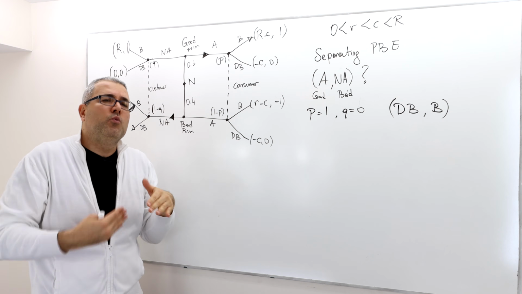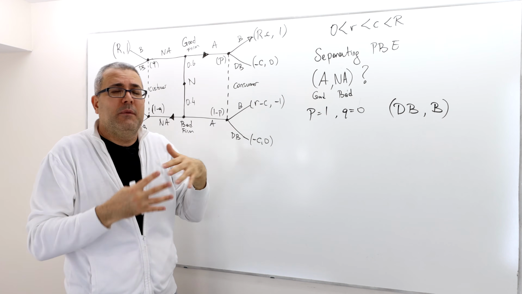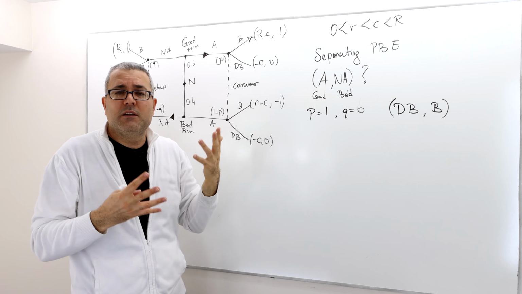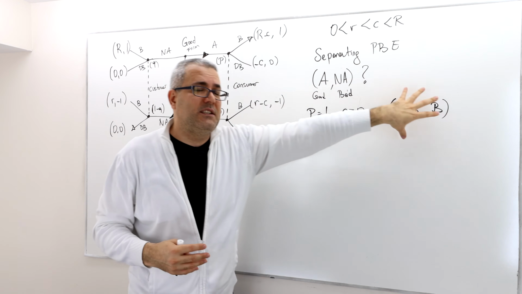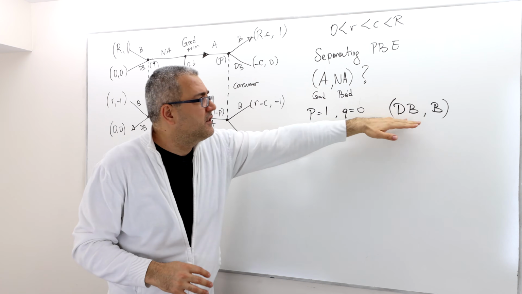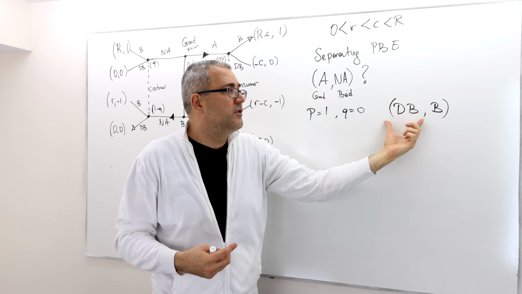So now we should check the firm. Remember, we said the company is advertising or not advertising, but the question is, is it really a best response? To what? To this strategy. We calculated that this is the best response to this. The question is, is this a best response to DBB?